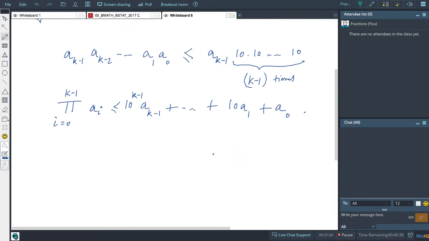And see, all the ai's are digits, so they are positive and they are just getting multiplied with some powers of 10 and getting added up. So everything is positive that I'm adding. So this is g of n, and that is n. So g of n is less than or equal to n for all n belonging to the set of natural numbers. So we are done with the first part.